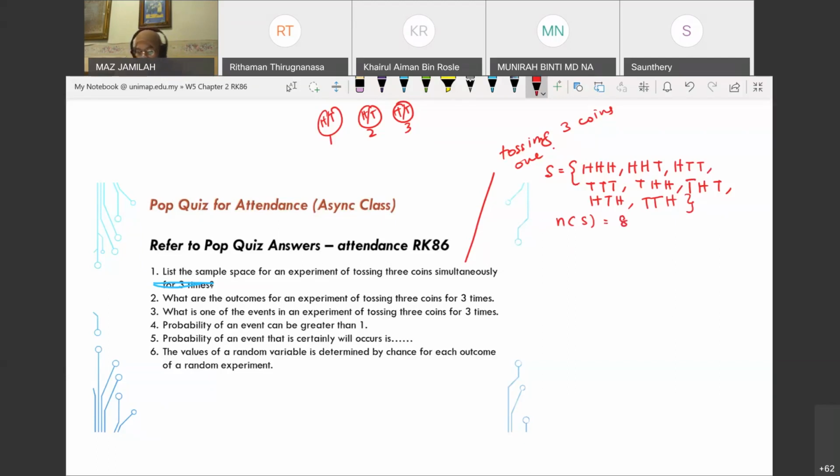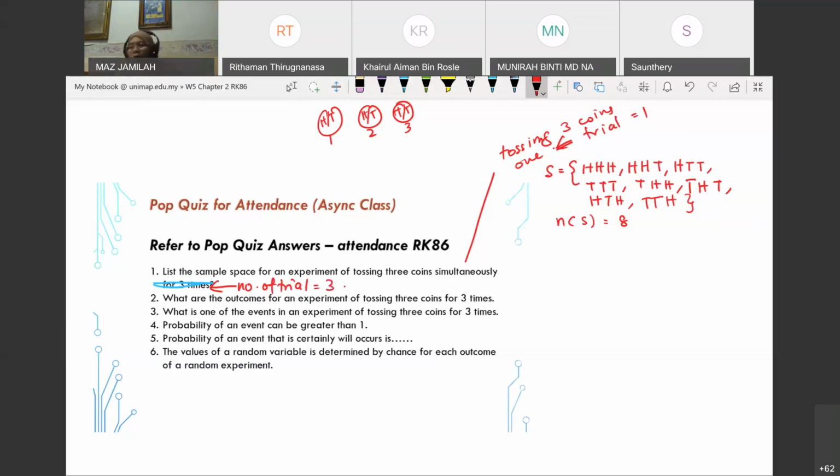Now, when I give you this question, it is actually reflecting your section 2.3, where we have trials in our experiment. For this particular case, the number of trials is 1. In this other example, the number of trials is 3.